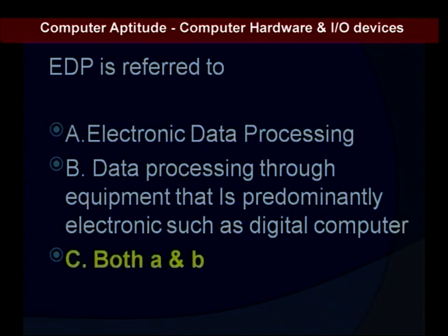EDP is referred to as both A and B: electronic data processing, and data processing through equipment that is predominantly electronic, such as digital computers.